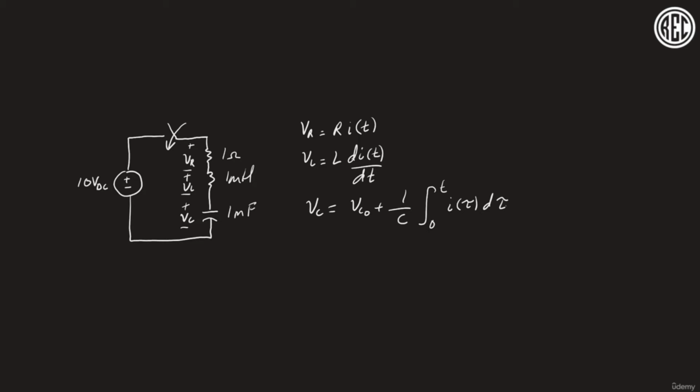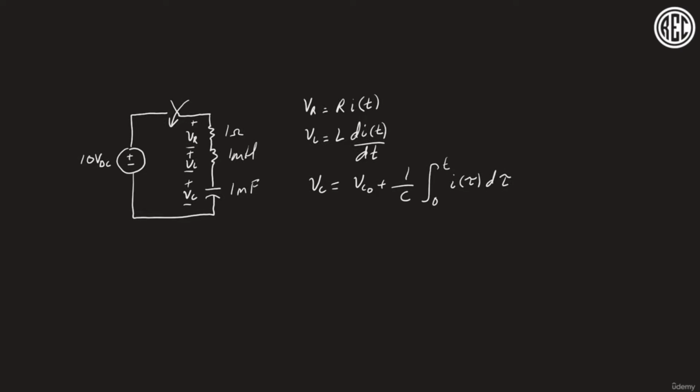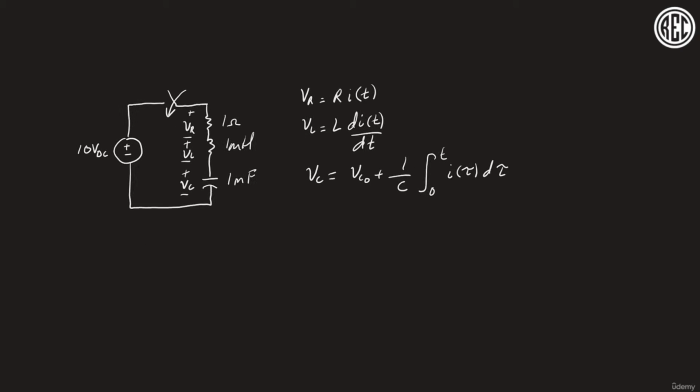Now again, I know that this is a little bit related to electrical engineering, but basically the equation that gives us the voltage across this entire circuit, V of t, so the voltage as a function of time, is going to be the addition of all the three components. So the addition of the voltage across the resistor, the inductor, and the capacitor, for which we have these three equations over here.